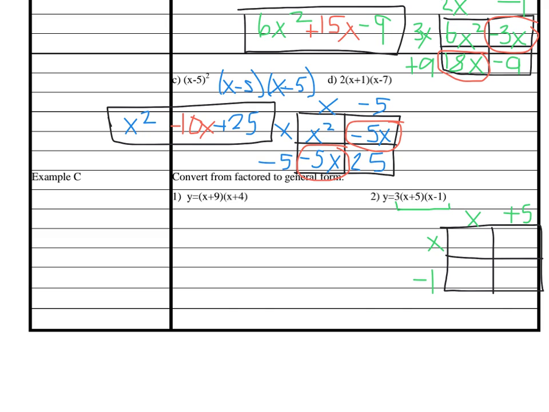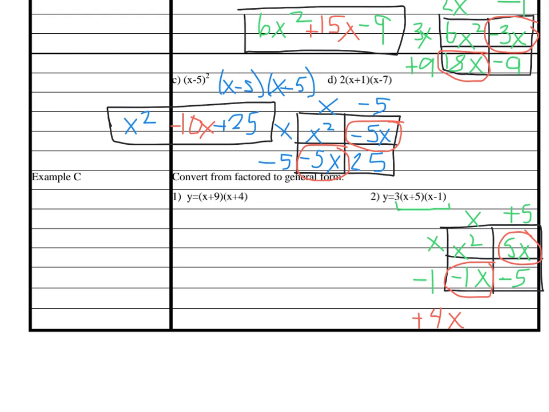And then we go ahead and fill in the box. x times x is x squared, x times 5 is 5x, x times negative 1 is negative 1x, and negative 1 times 5 is negative 5. Don't forget that we can combine our x's. Negative 1x and 5x will give us 4x, and it's positive.